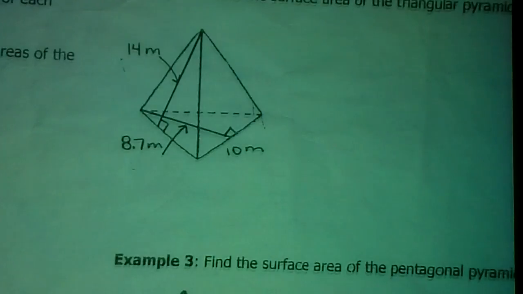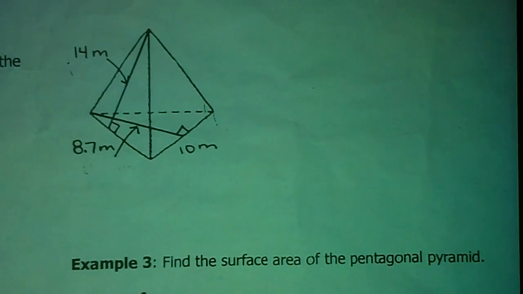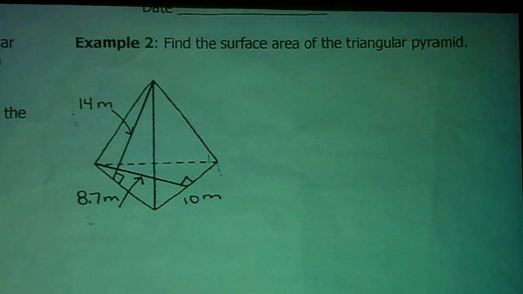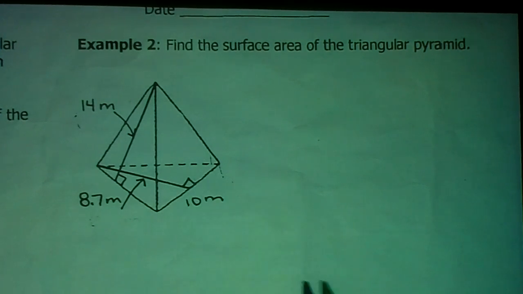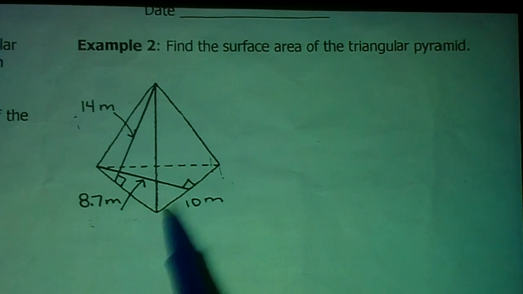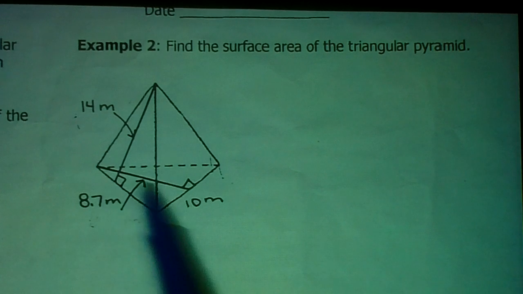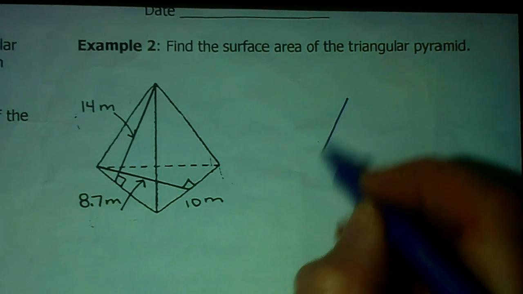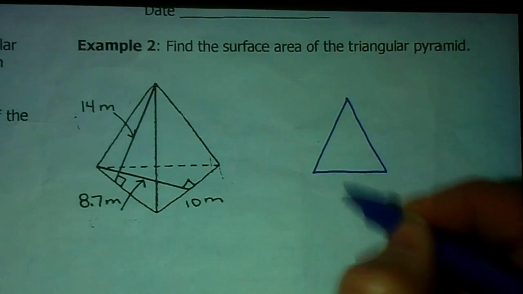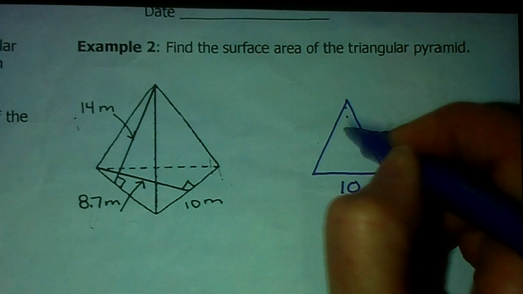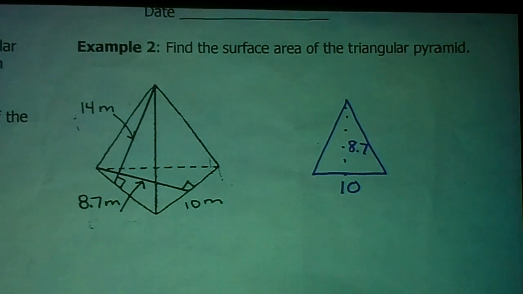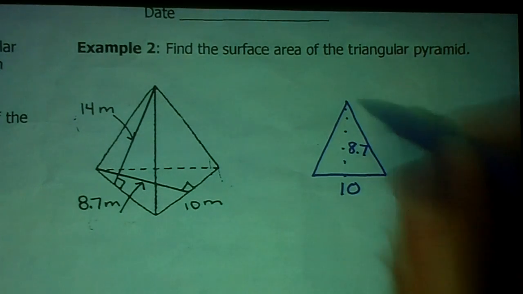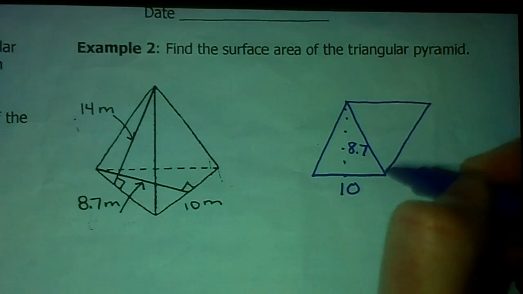Look up at example 2, and we have a triangular pyramid. All that means is that the base or the bottom of it would be a triangle. So we're going to be dealing with some different triangles here. So if you notice, the very base of this has a base of 10, and the height is 8.7. So I'm going to sketch that one out here. Then I have triangles coming off of each side of this, which means I'm going to have 3 other triangles.